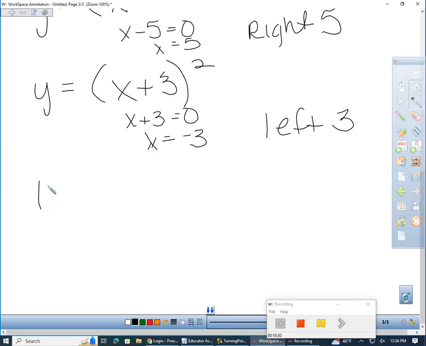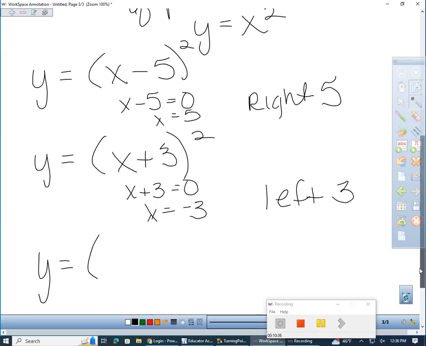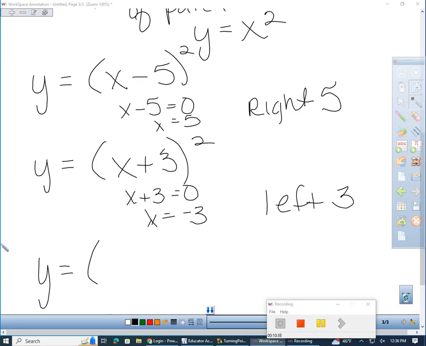All right, what if I had y equals x minus 12 squared? What am I doing here? Set it equal to 0, so x minus 12 equals 0. So I add 12 over, I get x equals 12. So where am I going?